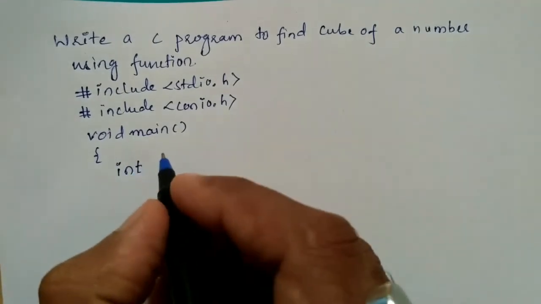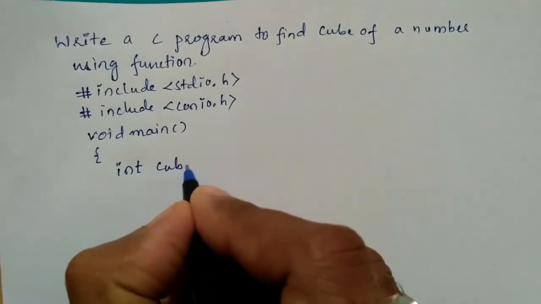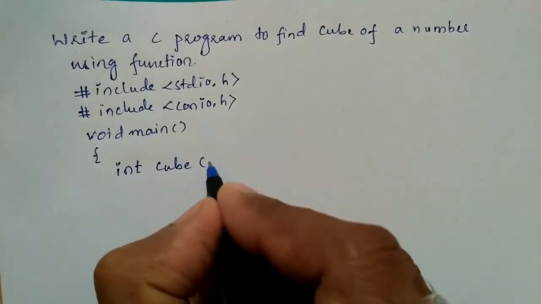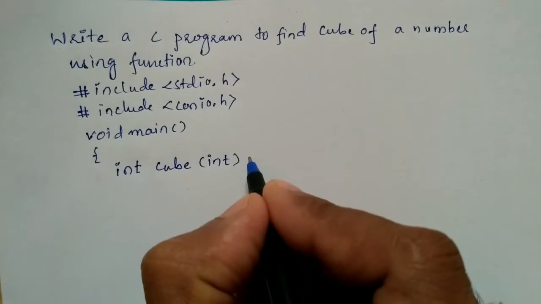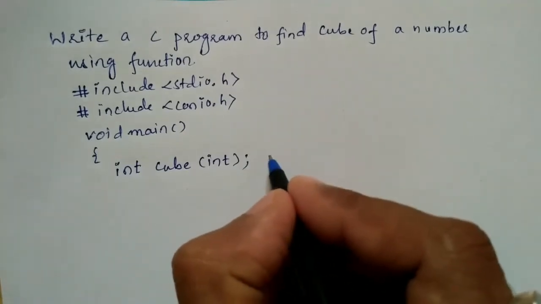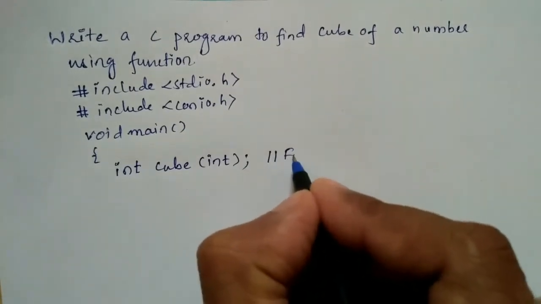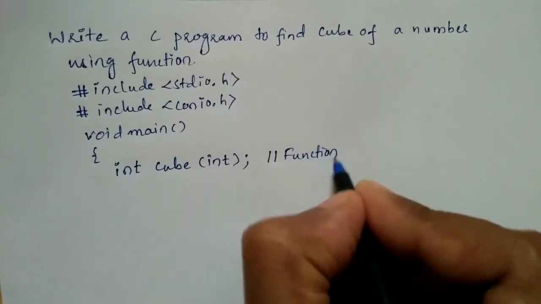return type int. Name of the function is cube, and inside the round braces we are going to write int and semicolon. This is also called function prototype.